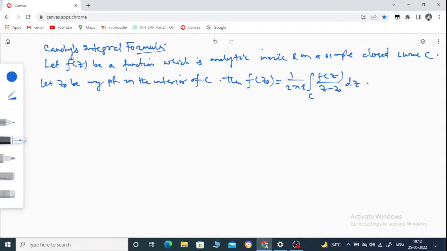Okay. Then you have to show this thing: f of z naught is equal to 1 by 2 pi i times the integration over C of f of z divided by z minus z naught dz. Okay, now I will prove it.